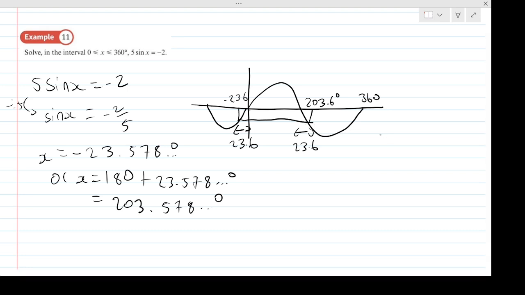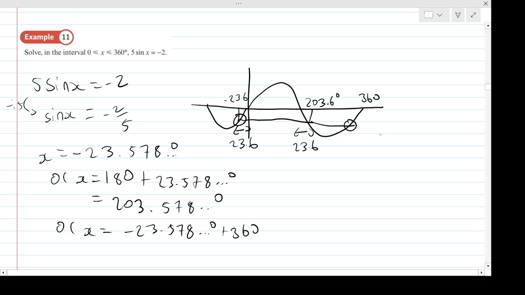Right, so to get this other solution, notice that it's this 23.6 repeated, which means I need to add 360 on to this minus 23.578. So the other solution would be x is minus 23.578 add 360, because the graph is repeating at that point.